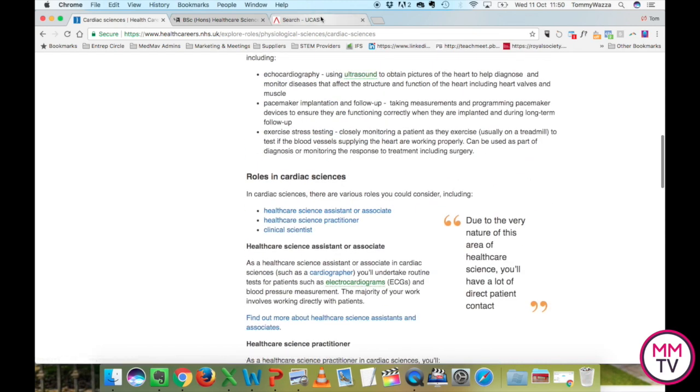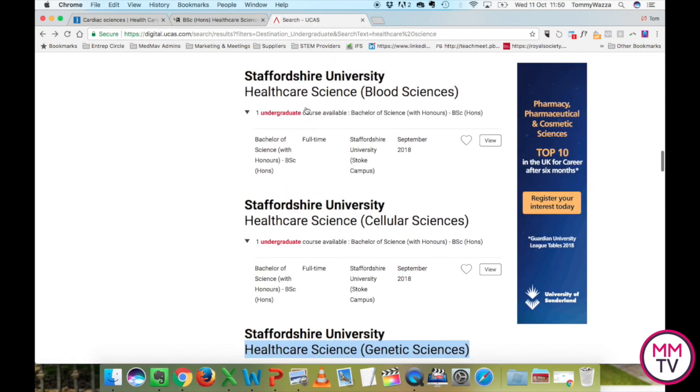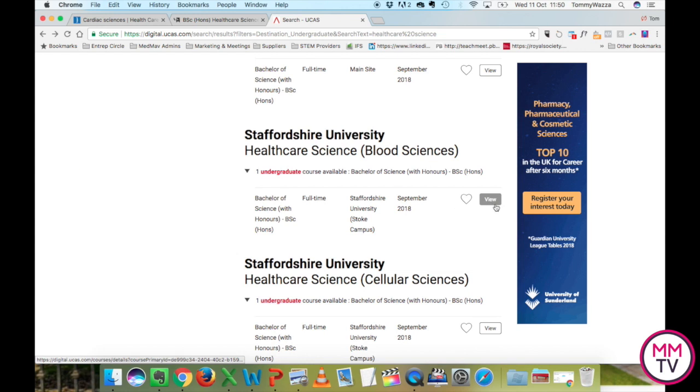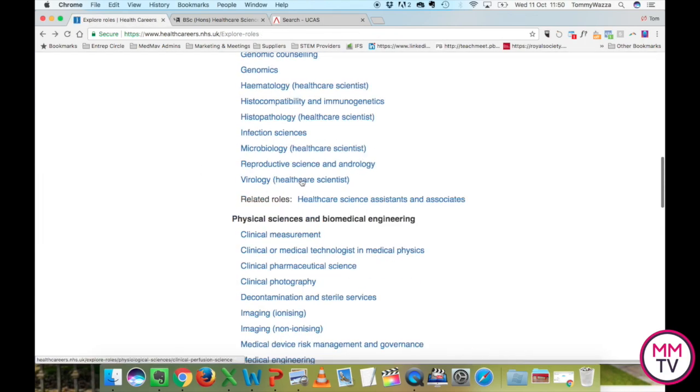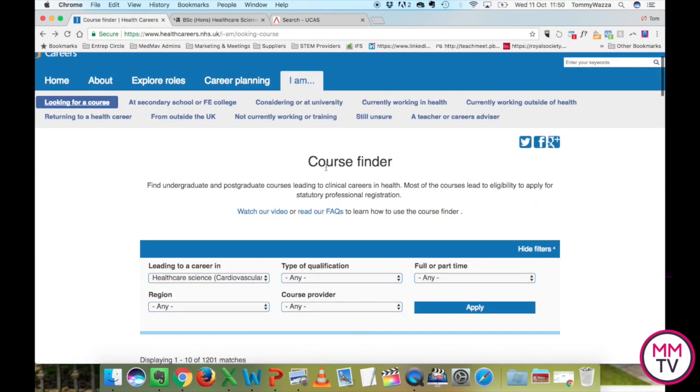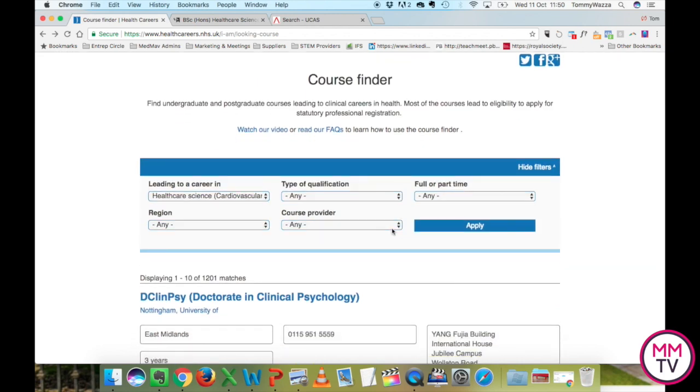And then you go to UCAS, you can search for those careers and you can find out what you need to get onto those degrees, you know, what GCSEs, what levels you need, what A levels, what BTECs, what access courses. It all tells you either on UCAS or on that NHS page, which was in nursing, the course finder, to find the actual individual courses.